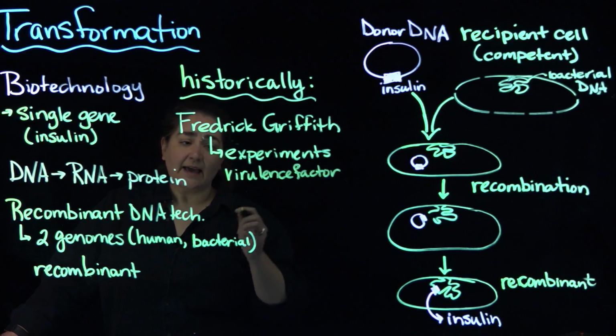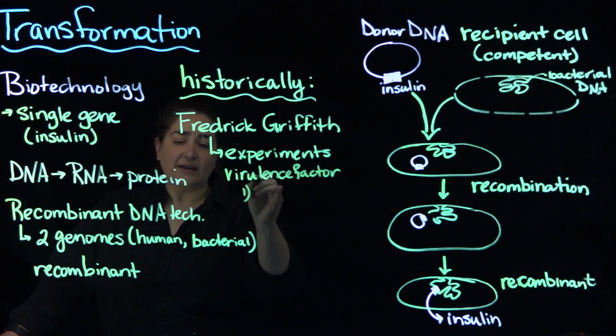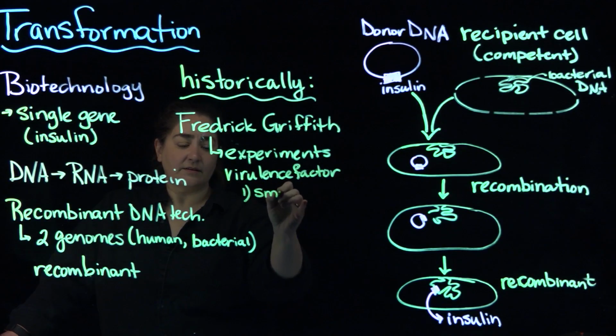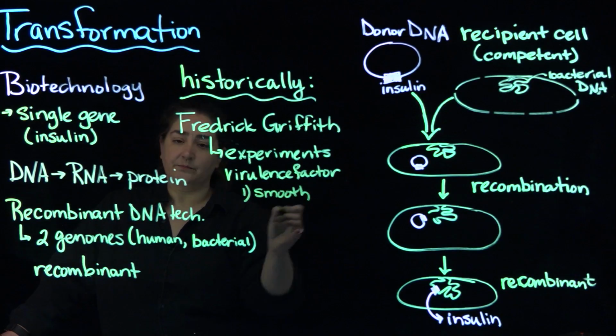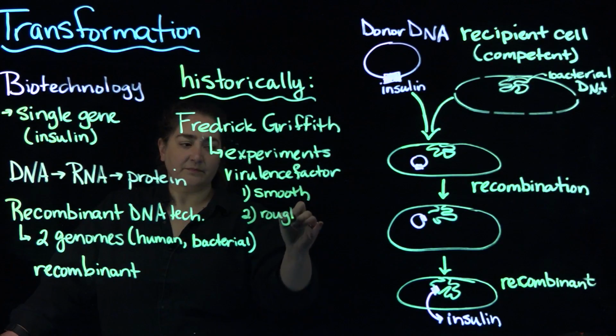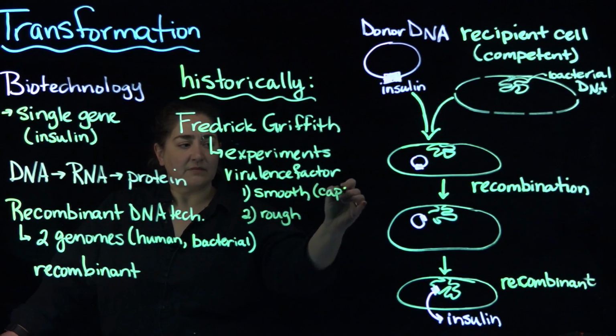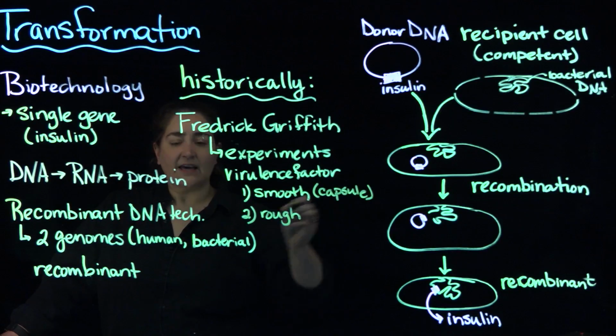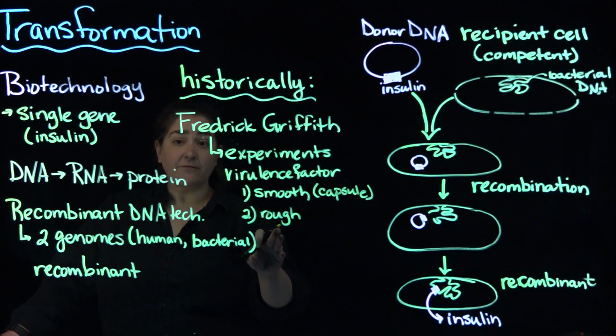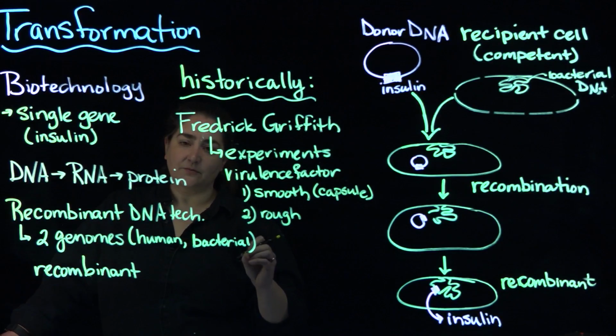So what he had is he had bacteria that were smooth and bacteria that were rough. The bacteria that were smooth essentially had a capsule that went around it. The bacteria that were rough lacked the capsule.